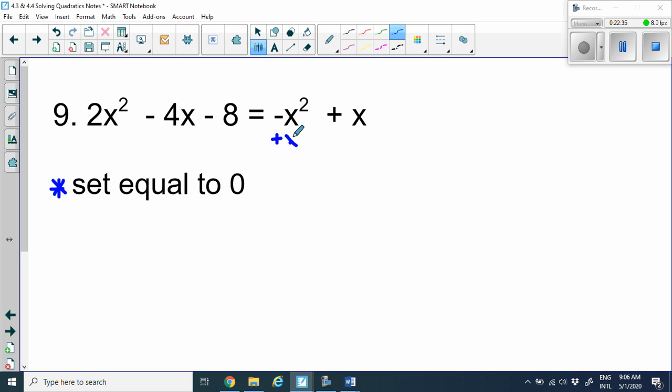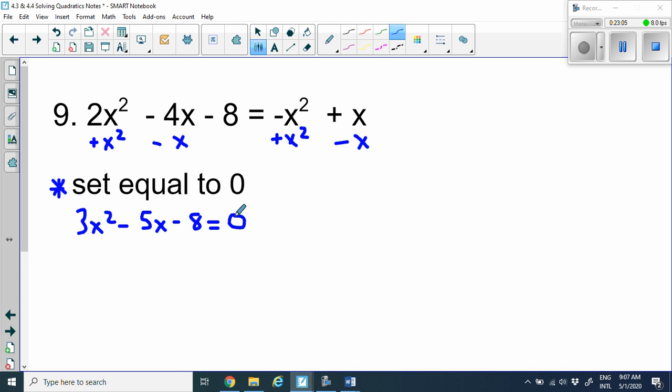Now on my other side I have an x squared, so I can combine them because they are like terms. And I'm going to subtract x from both sides. And I can combine that with my negative x because they are like terms. So now I have 3x squared minus 5x minus 8 equal to 0.